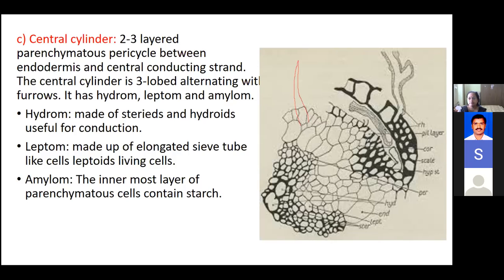Anybody? What is the role of xylem tissue in the plant body? It transports water. Very good. So xylem tissue helps in conducting water. Very good. And the leptome, like phloem, transports food.